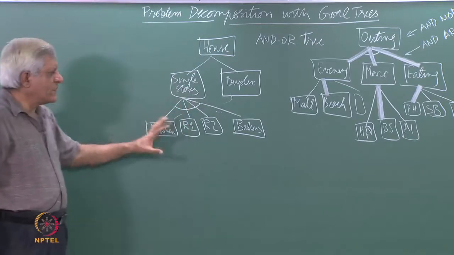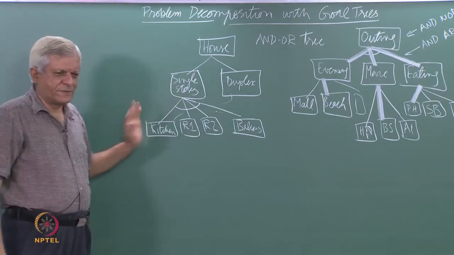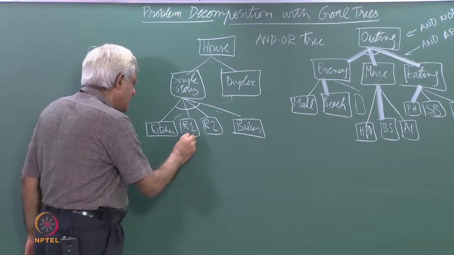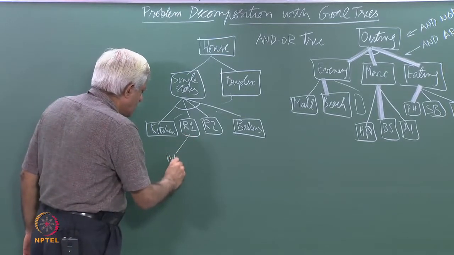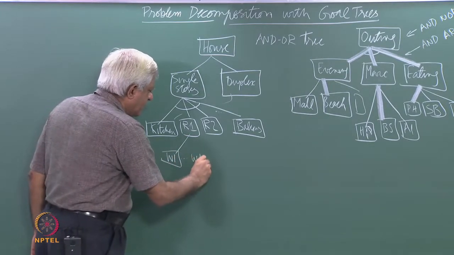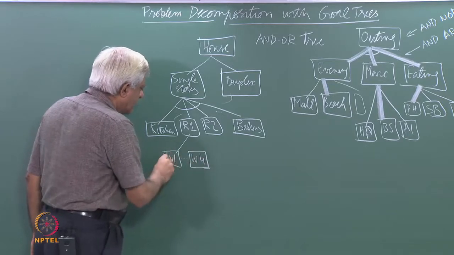I can always draw it as a graph or I can draw it as a tree, it does not really matter. Then maybe room 1 would say wall 1 up to, let us say we have 4 rooms, we have rectangular rooms.